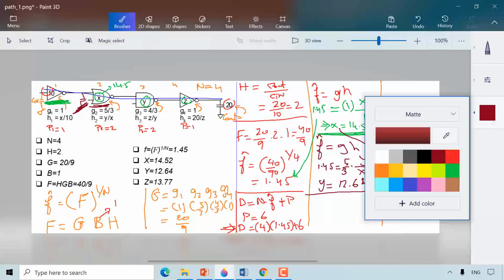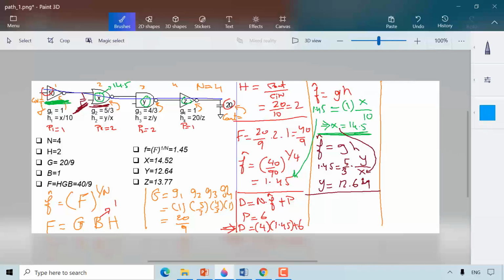Now I need to find Z. I can find it by examining this gate. So F hat equals GH, and F hat is 1.45. G for gate 3 is 4 over 3.